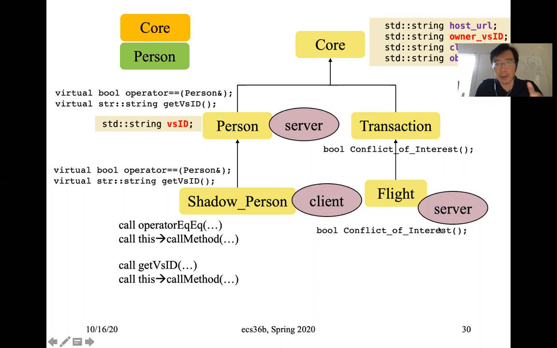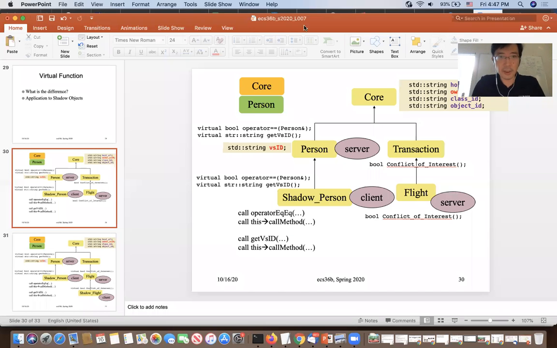Okay, for example, I'm going to write the C code. So, for example, assuming I have a flight star XYZ, which is a pointer to an object of a flight, right?